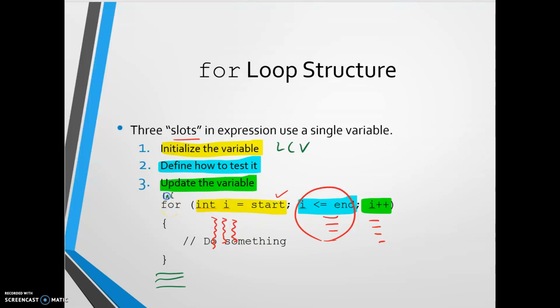Now, if you declared i before the for loop, and then inside the for loop simply said i equals, the variable existed before the for loop, therefore it'll exist after the for loop.